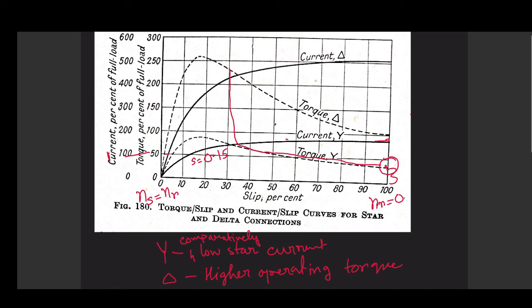And obviously your machine, if you see that this entire region is your unstable region, so no operating point you can find here. Even if your torque requirement is this much, what would happen? Your machine will execute a transition and it will settle down here.